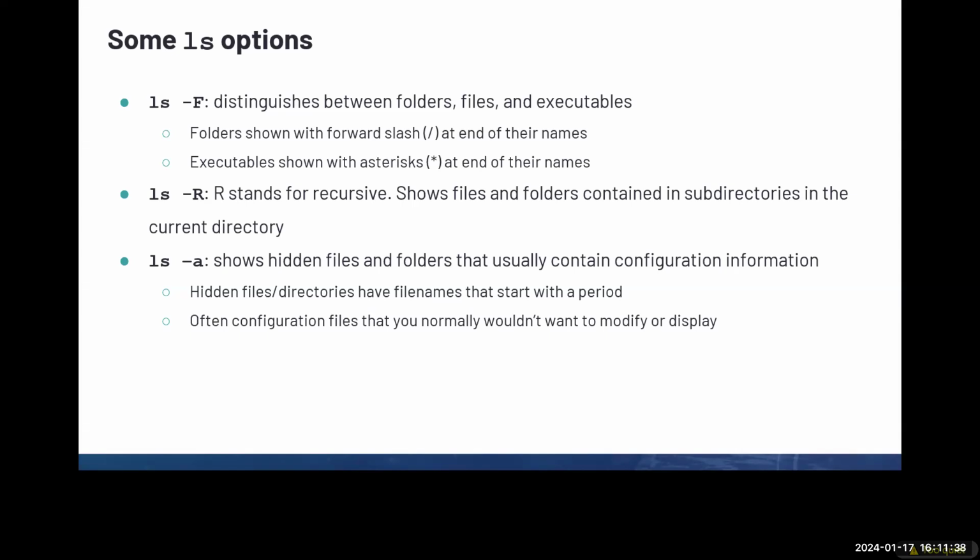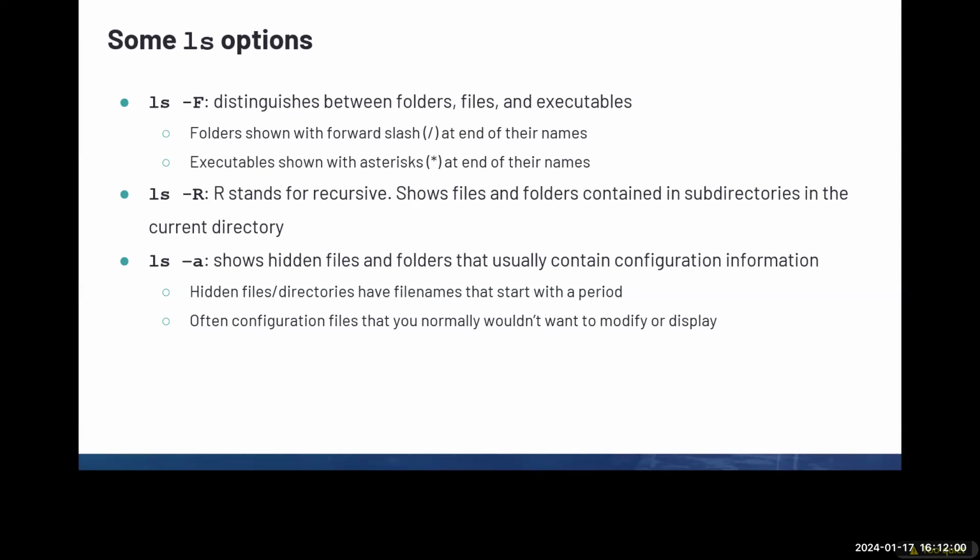Now, if we put ls dash capital R, and here be careful, because the capital R is different than the lower r. Capital F is totally different than the lower f.